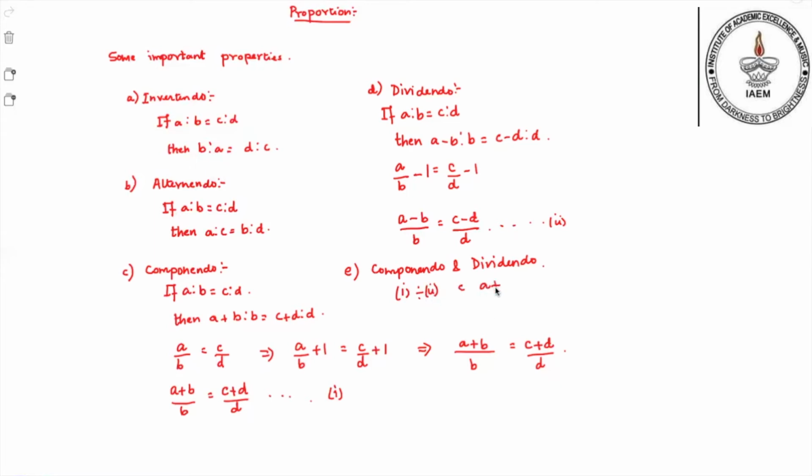That is, A plus B by A minus B equals C plus D by C minus D, which can also be written as: if A is to B equals C is to D, then A plus B is to A minus B equals C plus D is to C minus D.